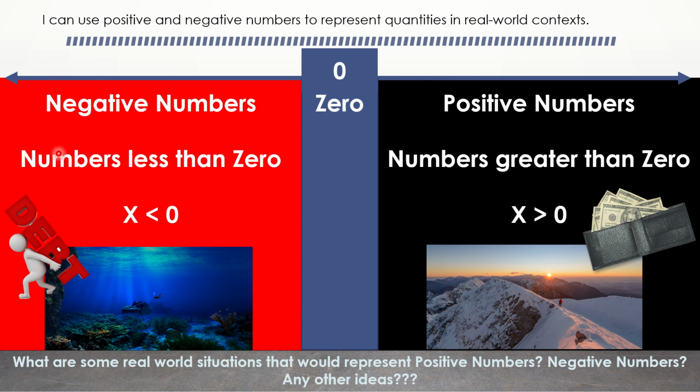Another example of numbers that would be negative would be debt. Like if I spent too much money out of my bank account, it would go negative. That means I have debt. That would be a negative number. And when you have money in the bank, that would be positive. Try to come up with some of your own ideas. It might be a good conversation to have with your group.